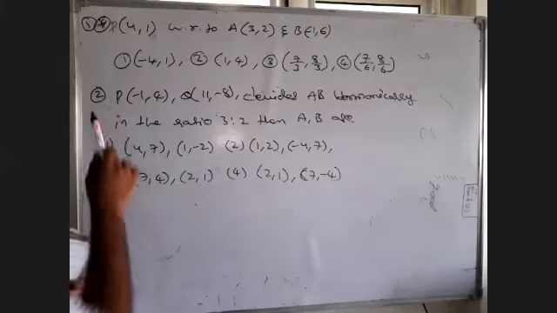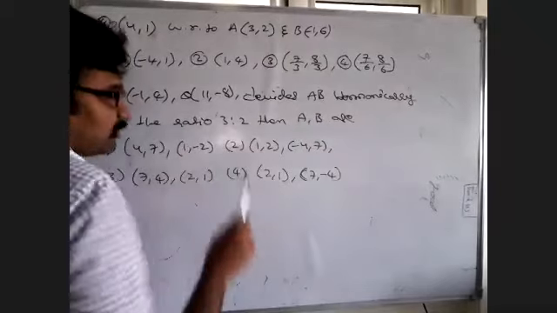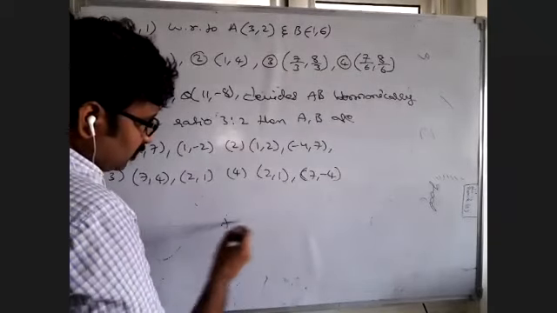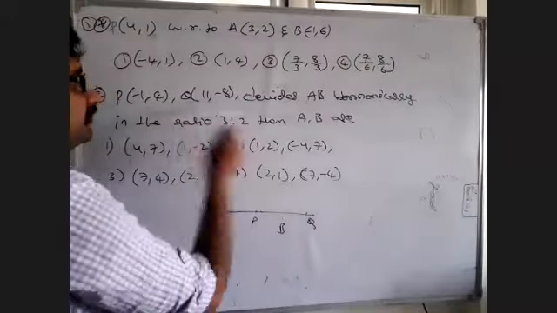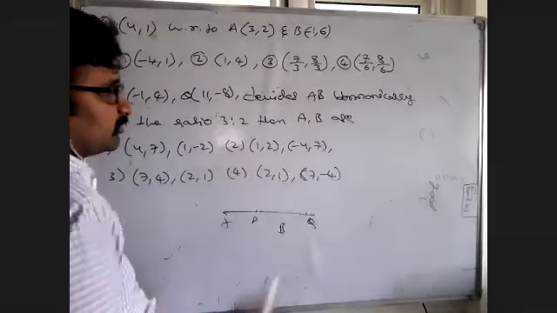Here P, Q are the harmonic conjugate points. This is A, this is B, this is P, this is Q. PQ are given, dividing AB harmonically in the ratio 3:2. Then what are A comma B?